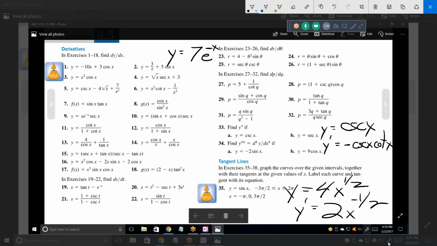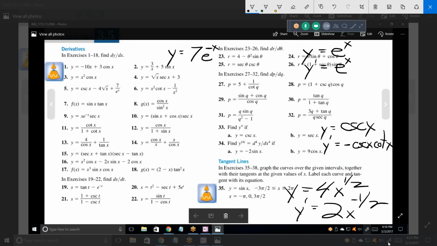The one thing you have to remember is that if y equals e to the x, what does y prime equal? It's the only function in the universe that is like this. Its derivative is the same as the function. That's weird.